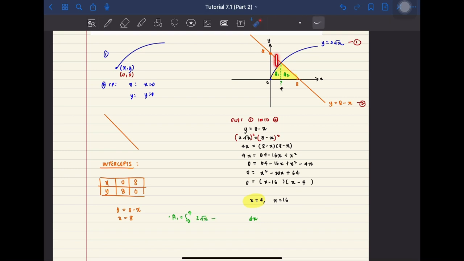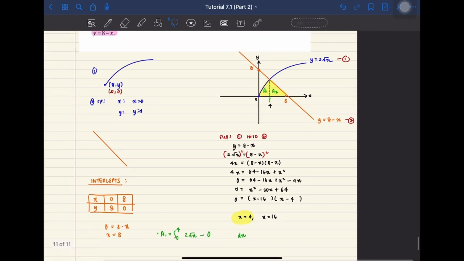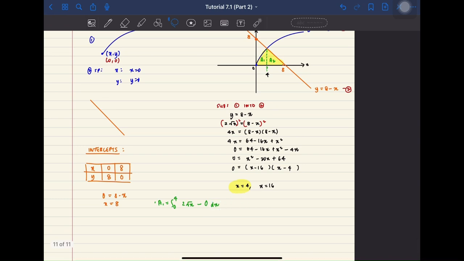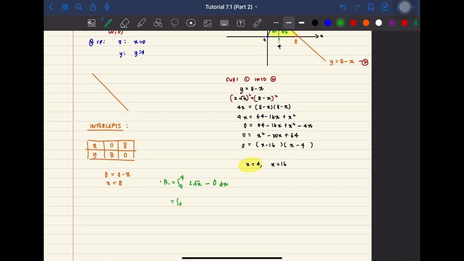Tolak bawah is y equal to 0. Okay, so kita rupanya just nak integrate from 0 until 4, 2 root x dx. Okay, so jangan integrate terus guys. Tukar dulu yang ada root tu jadi x power 1 over 2 dx. Okay, so awak boleh integrate terus tu.